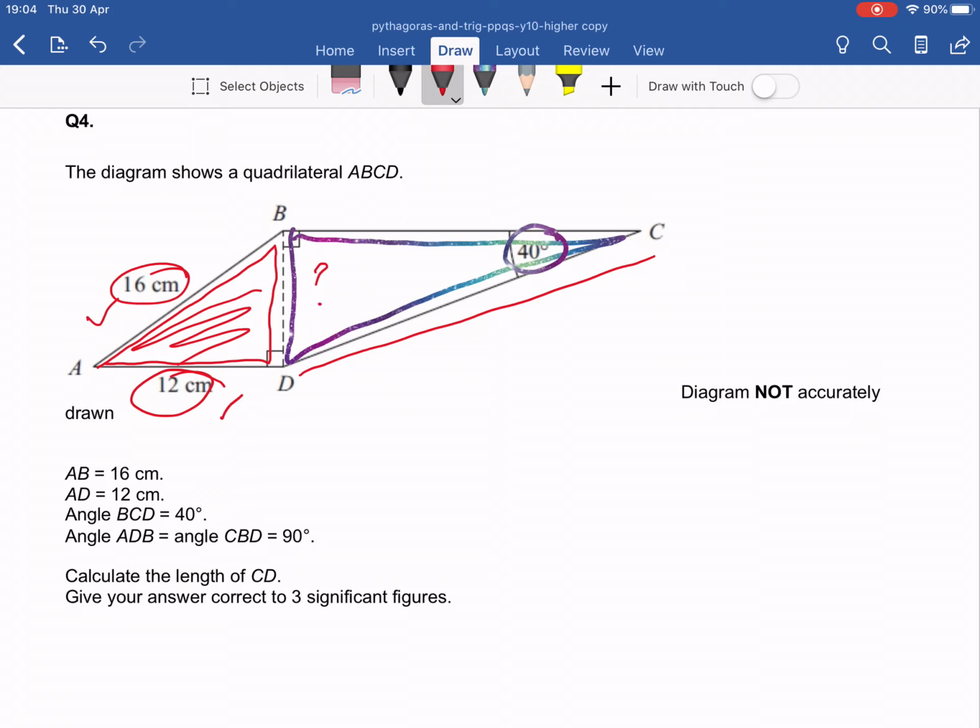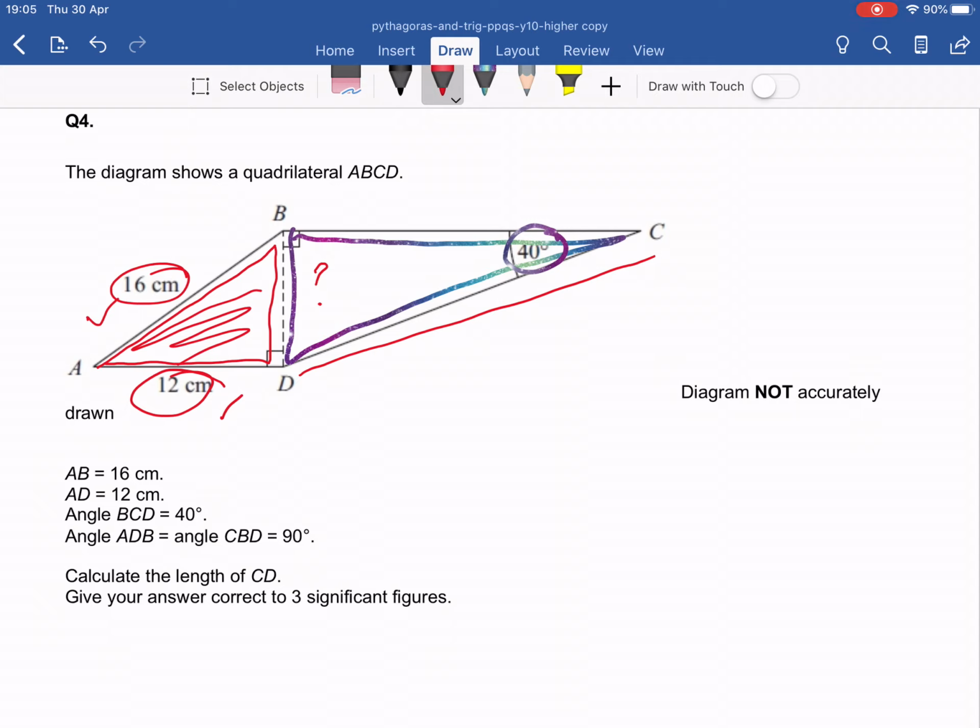I could work out BD, the other shorter side, and I'm going to use Pythagoras for that. Pythagoras says that the sum of the 2 shorter sides squared is equal to the hypotenuse, the longer side, squared.